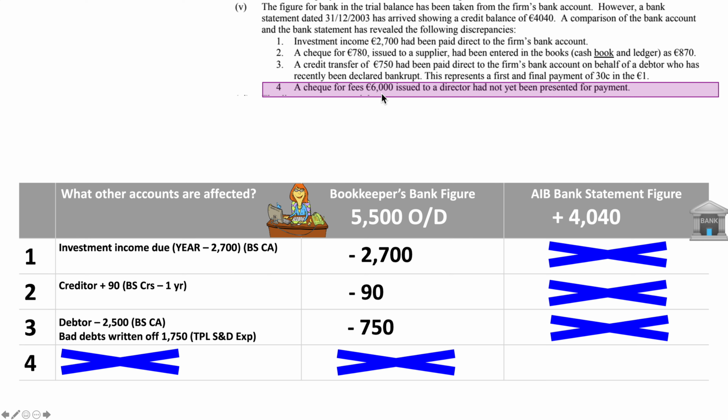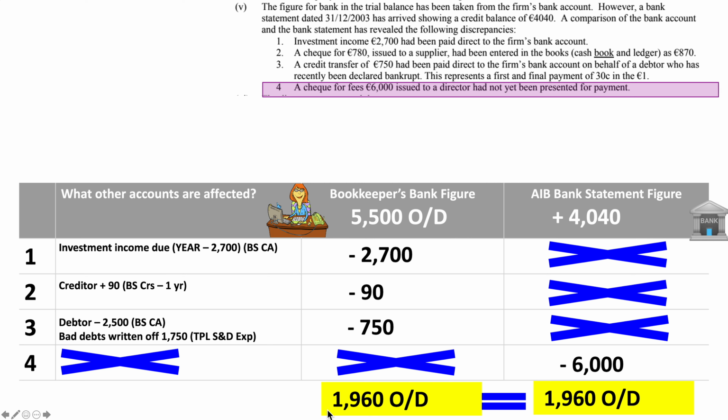When the director goes into the bank and presents that cheque to the bank teller and gets it paid into his or her account or gets it cashed or whatever, that's going to reduce the bank account figure by 6,000. So we would minus the 6,000 there. Overall then, we've got €1,960 overdraft in both. And that is the 2004 one done.